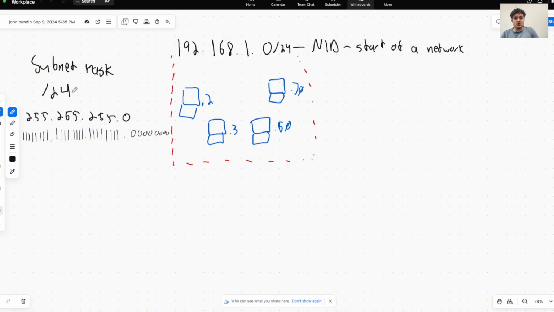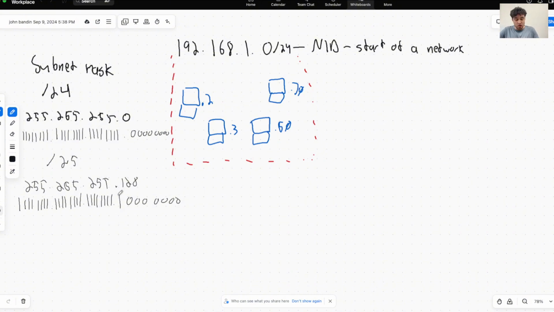So if this was a /25 instead, the binary would be 25 ones, and then the rest would be zeros. And the dotted decimal would look the same for the first 3 octets of this subnet mask, and then it'd be 128. We're going to get there, okay? You're going to ask me how I'm getting that 128. We're going to get there.